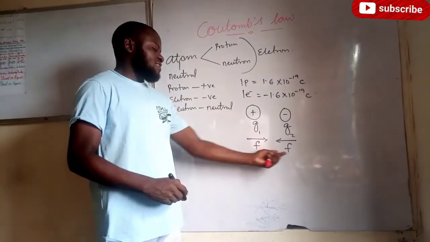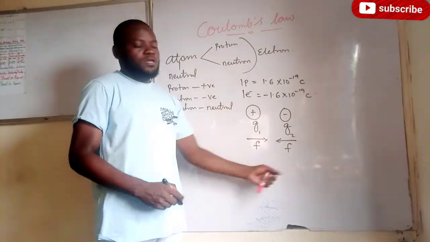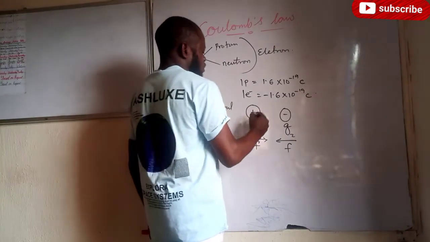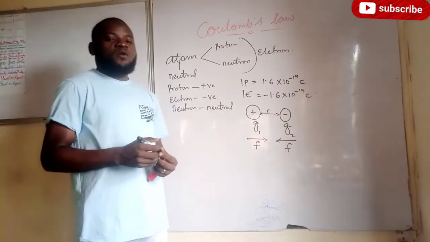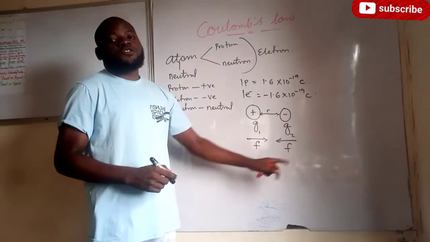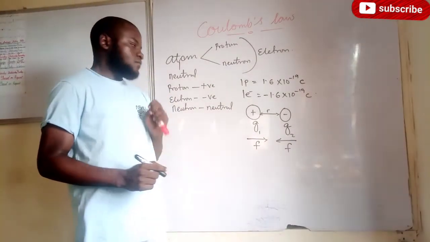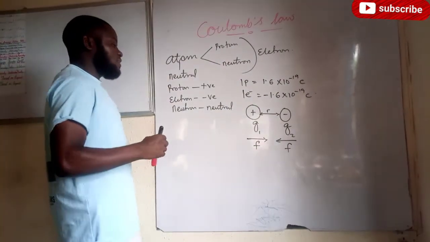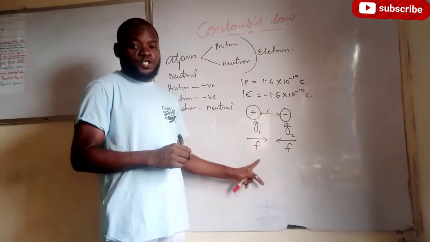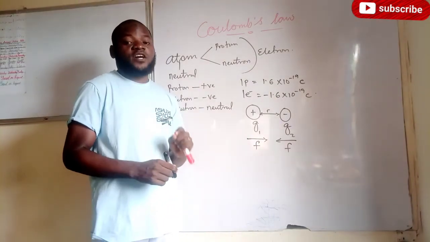Now, how can we get the value of this force? If the distance between Q1 and Q2 is given to be r, then we can find the magnitude of this force using Coulomb's law. Cool. What does Coulomb's law state? Coulomb's law states that the force of attraction or repulsion. Why do I say force of attraction or repulsion?